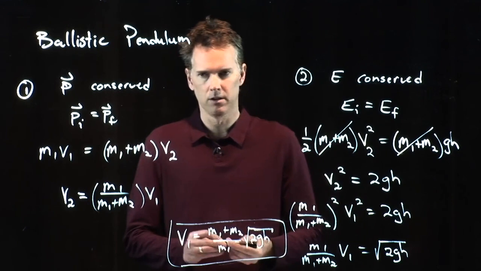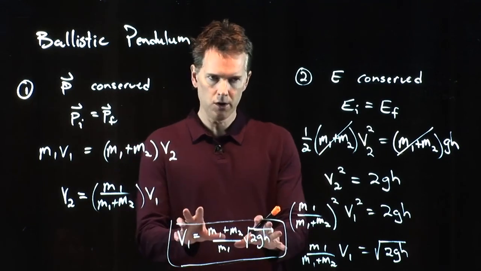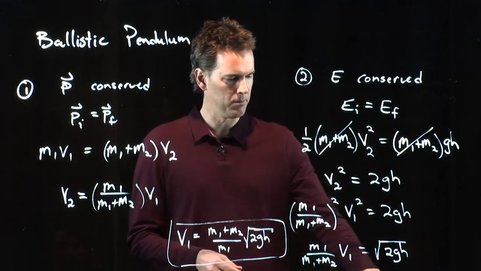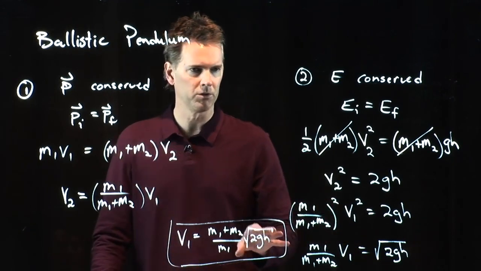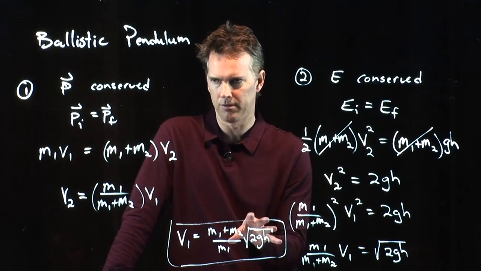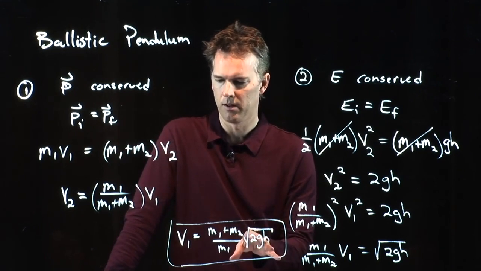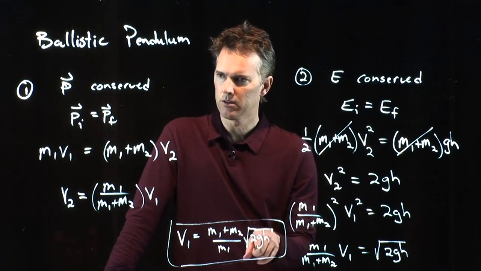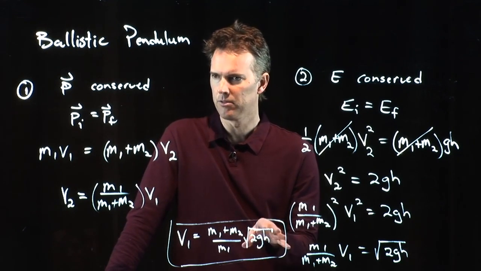Now, when you get these solutions, I encourage you, first off, to get the solutions in terms of variables. Make sure you keep the variables all the way through. It's really going to help you analyze this solution to see if it makes sense. The next thing you should do is make sure that it looks right in terms of limits.